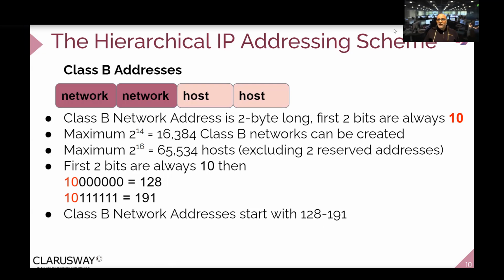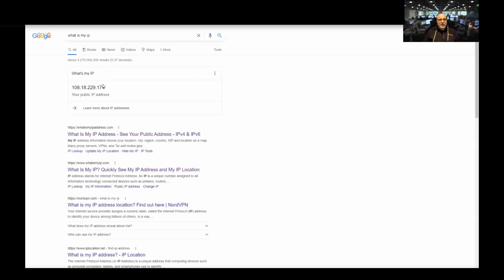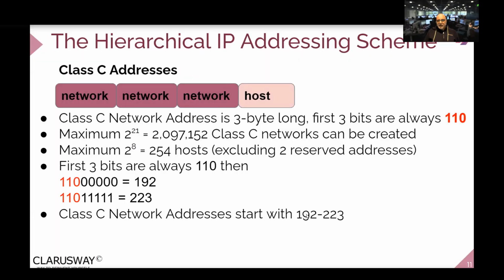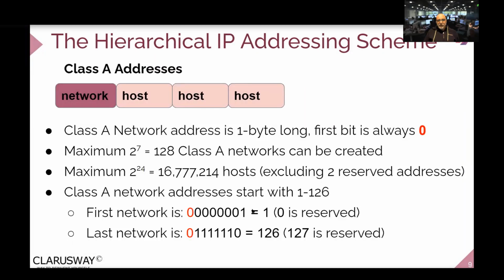So let's go back and look at my IP. It starts with 108. So if we go back to here, 108 is going to be a Class A network. So my external IP is part of a Class A network. It's kind of part of a big network.